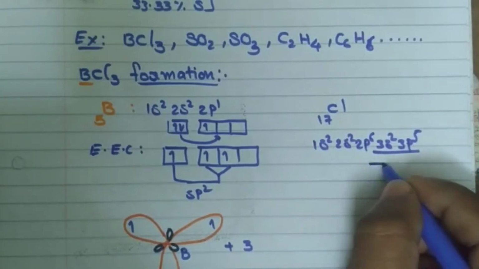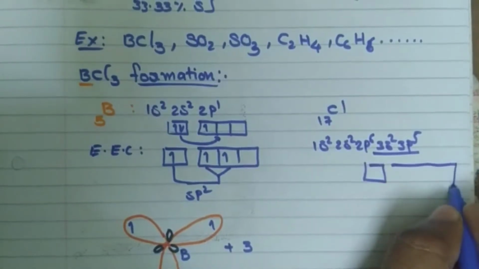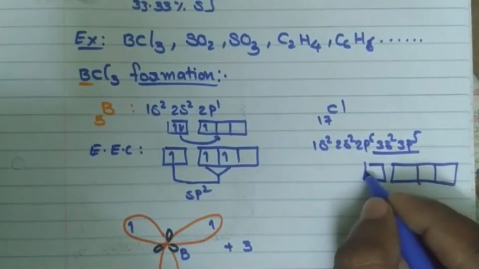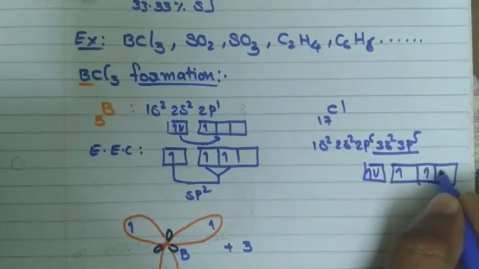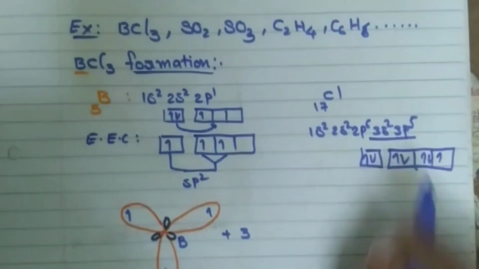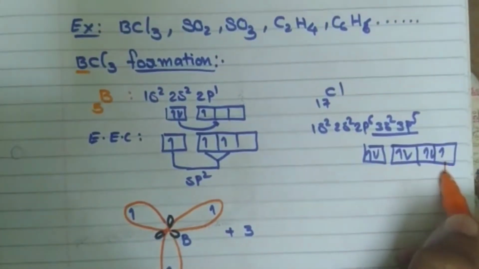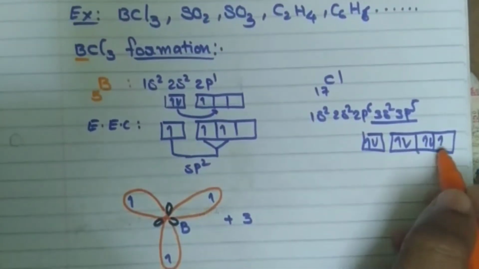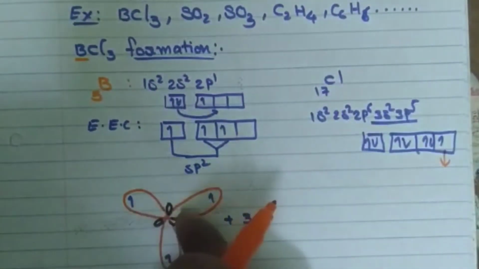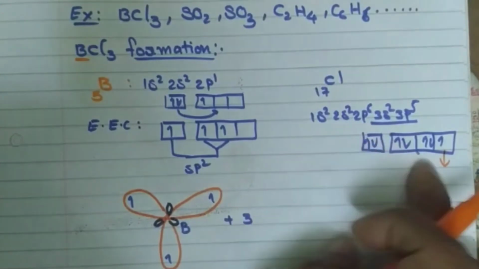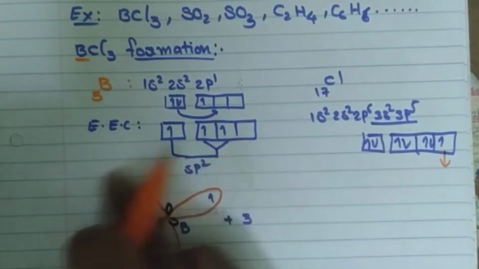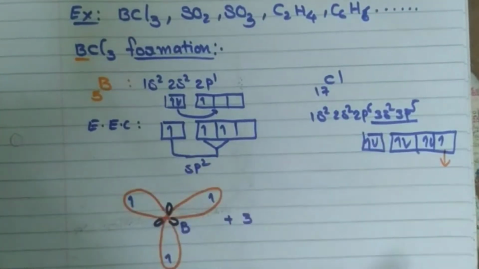This is the valence shell. We can write the orbital form like this: 2 electrons and then 5 electrons. There is one unpaired electron and the remaining are paired. Three chlorine atoms are required for the formation of BCl3.